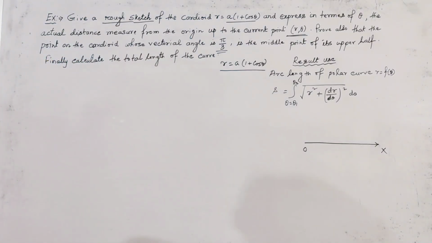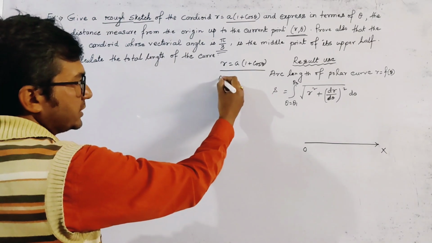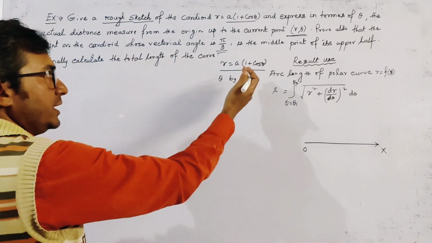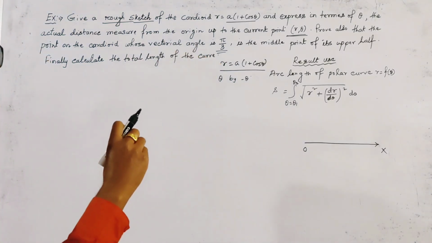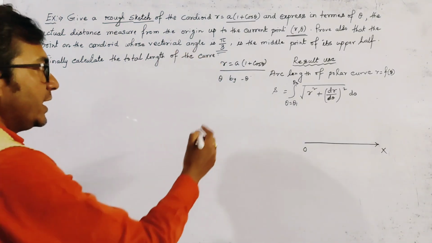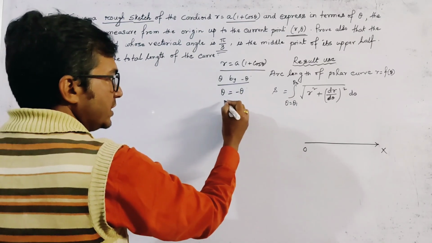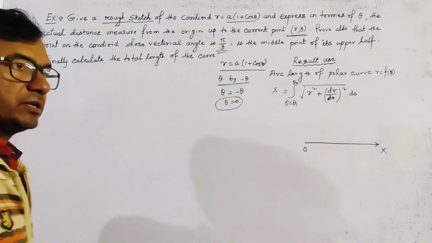Now we replace theta by minus theta, and it is clear that the equation is unchanged. So about the line theta equals 0 the curve is symmetrical.